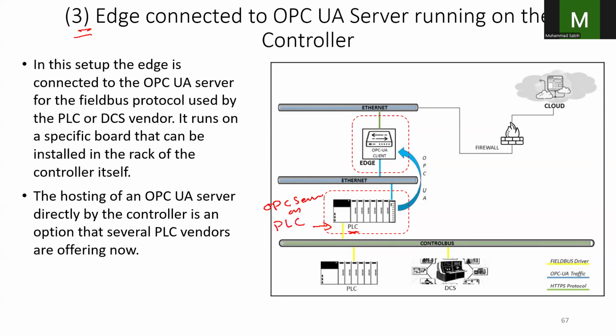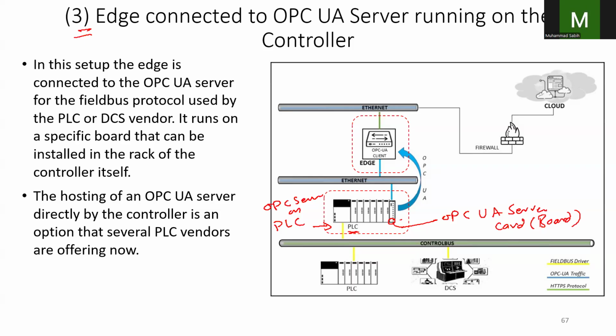In this setup, the OPC server is provided by the PLC or DCS vendor, and it runs on a dedicated board, usually installed in one of the racks. This may be the OPC UA server card or board, which is installed on one of the PLCs.